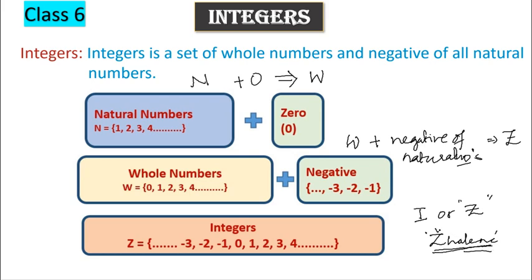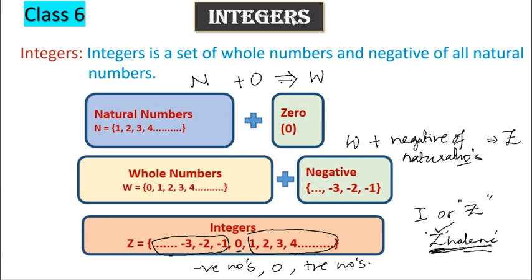So this word Zahlen is taken to represent the set of integers. So the set of integers contains all the negative numbers. You can look at the negative numbers over here, and 0 and the natural numbers. So it has negative numbers, 0 and positive numbers.